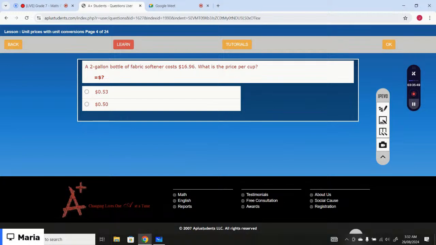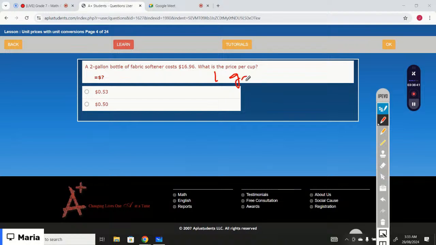So we just learned the conversion unit from gallons to cups. 1 gallon equals 16 cups, right?